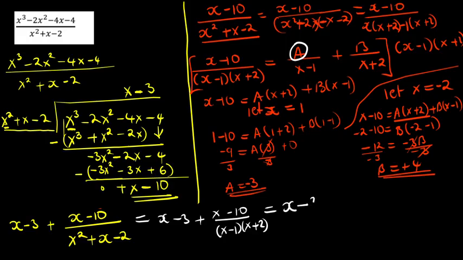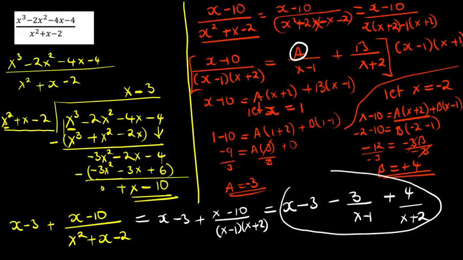The answer will be x minus 3, minus, where there's a, I will replace with 3, over x minus 1. Then where there's b, I found it is 4, over x plus 2. So this is the answer that I have gotten. So that is how you answer these questions.